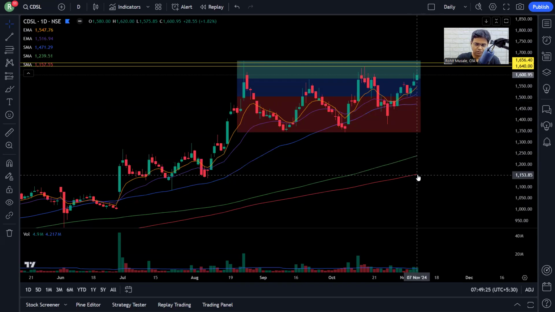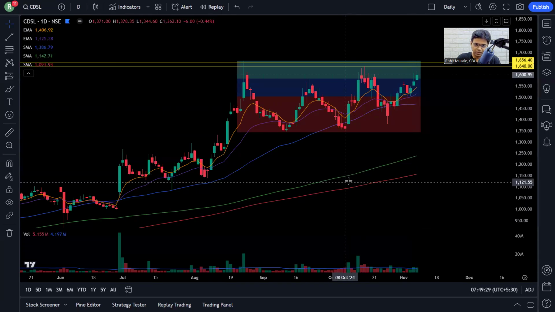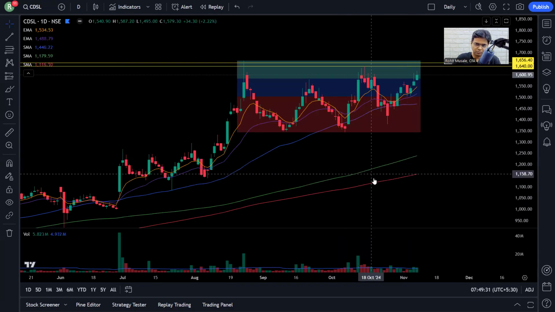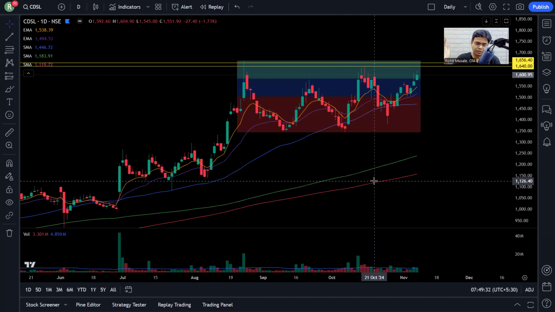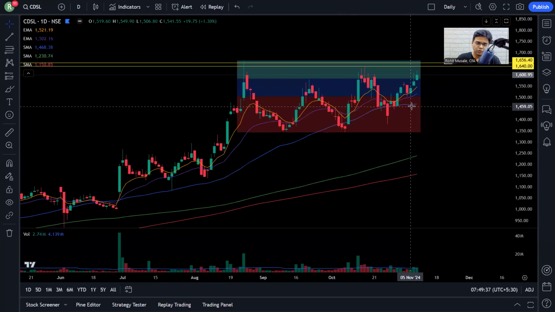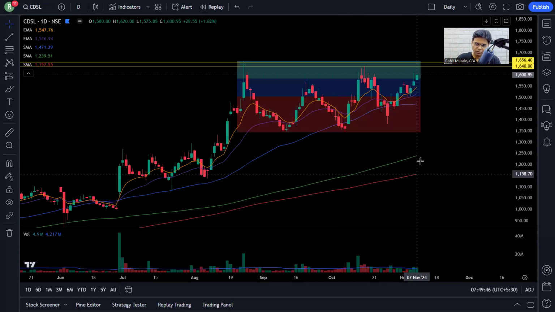That's a stock which is in a confirmed stage 2 uptrend, and preferably at least the long term moving averages should be sloping up for at least a month. The blue line could be fluctuating, because the blue line represents the intermediate term trend, but these are the long term moving averages.